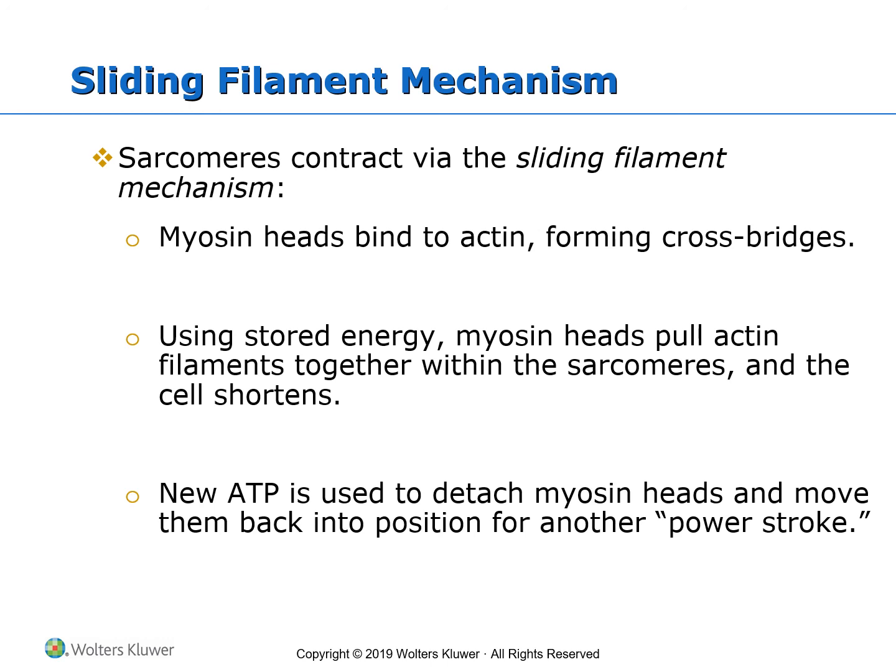The myosin will use the stored energy to pull the actin filaments together within the sarcomeres, and as a result the cell will shorten. In order to detach the myosin heads and move them back into position for another power stroke to produce another contraction, I will need a new molecule of ATP, and the ATP molecule is the unit of energy storage in our body.